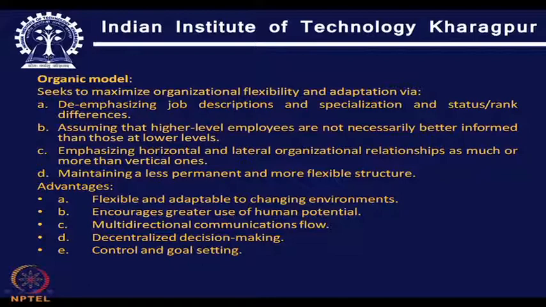It assumes that higher level employees are not necessarily better informed than those at lower levels, emphasizes horizontal and lateral organizational relationships as much as or more than vertical ones, and maintains a less permanent and more flexible structure. So, what are the advantages of these? The advantages are that it is flexible and adaptable to environmental changes.